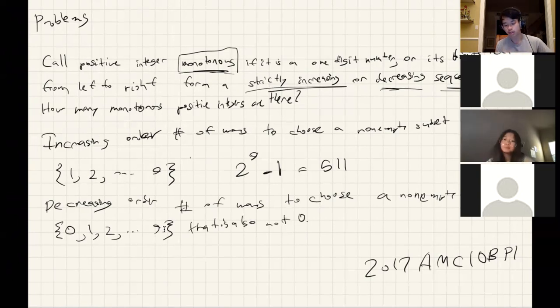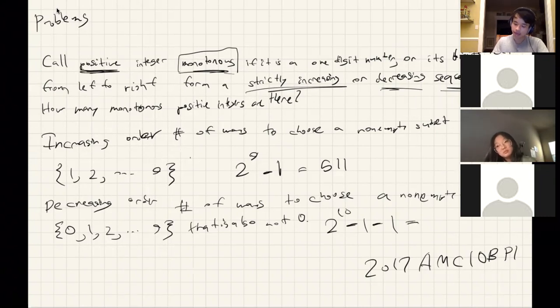So as long as it's not just 0, we can always order the digits from the greatest to the least in order to get an integer whose digits are in descending order, right? So the total number of ways to choose a non-empty subset of this type is 2 to the power of 10 minus 1, because we have to subtract the empty set. We also have to subtract the set that's just 0, because we're only dealing with positive integers here.